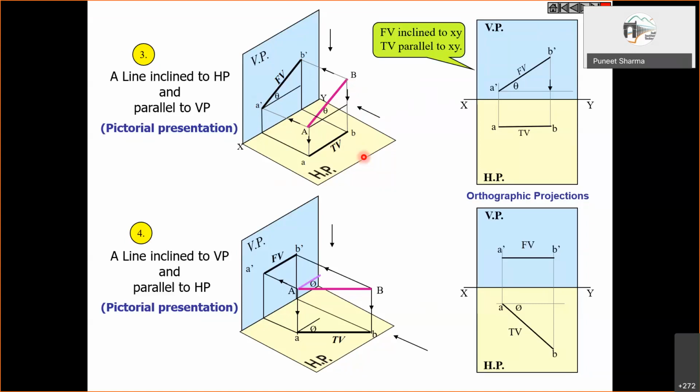Now, if that is the case, that this distance of capital B from the horizontal plane is not varying, that will also mean that distance of this B dash from the XY line will not vary in the front view, right? That means I keep A at its fixed position, I keep theta constant, and then I move capital B. Then for whichever position I carry this capital B to, corresponding position of B dash will be such that its distance from the XY line will remain same for all the positions, right?